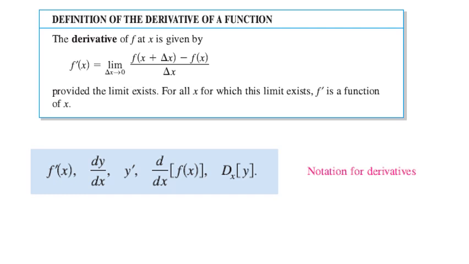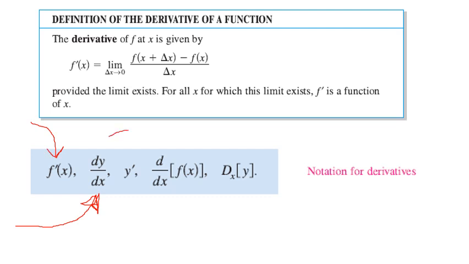So you will now learn that the slope of the tangent is the instantaneous rate of change, and it is also known as the derivative. There are some different ways to write a derivative, and they are all shown right here. The derivative can be called f prime of x.